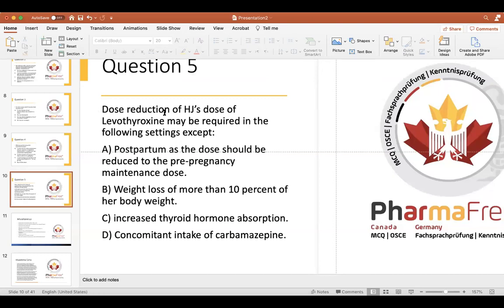Okay, so question number 5. Dose reduction of HG's dose of levothyroxine may be required in the following settings, except.